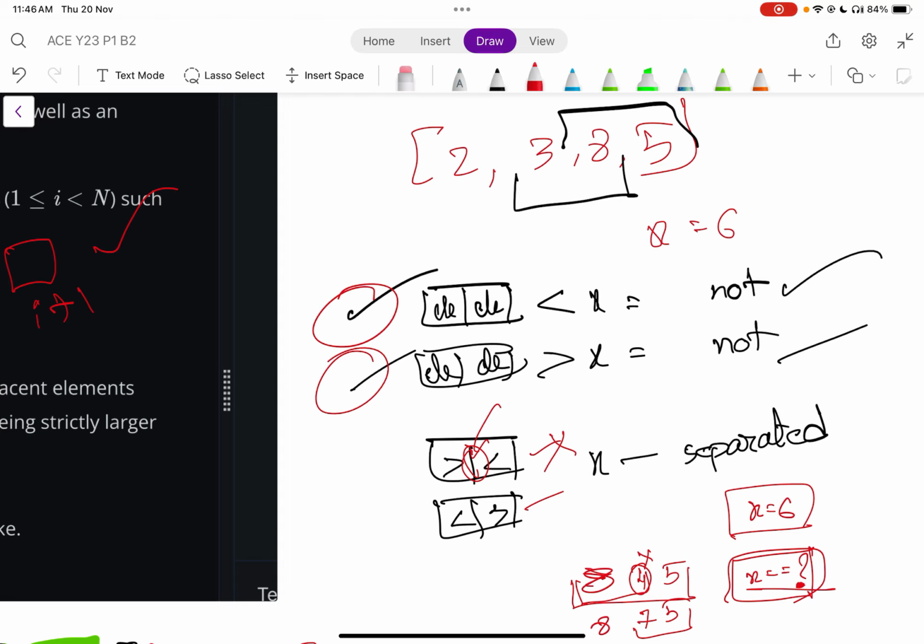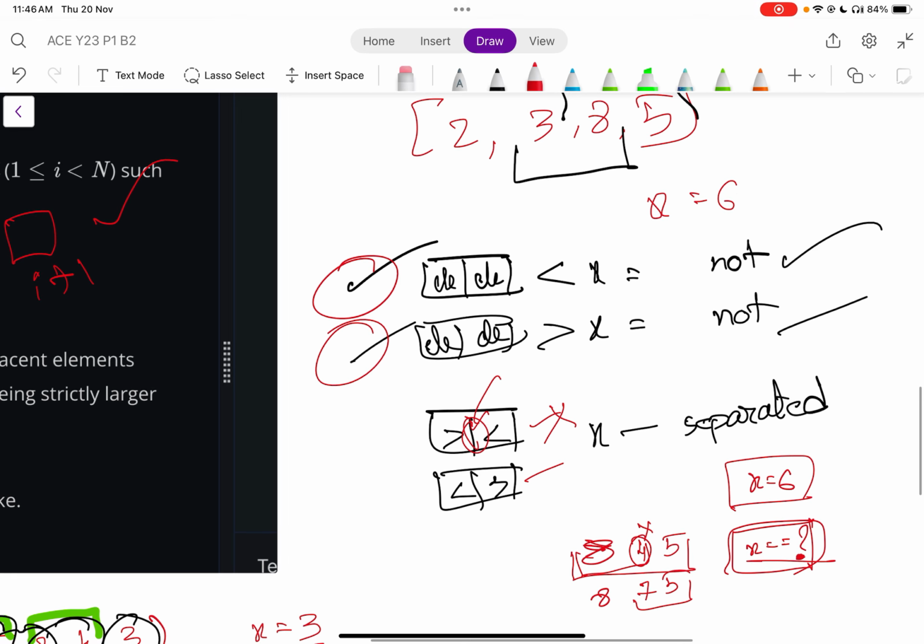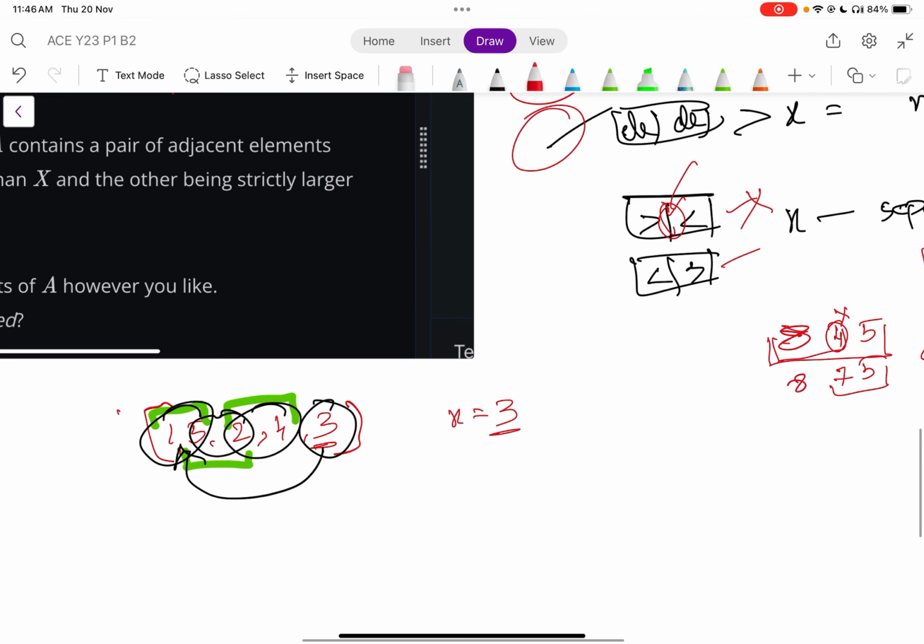Those two scenarios are where the side by side elements are all less than x, and the side by side elements are all greater than x, right? So what are the greater elements than 3 in this array? 4 and 5. Okay. And what are the lesser elements in this array? 1 and 2, right?